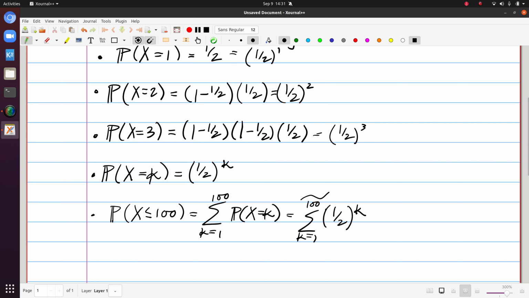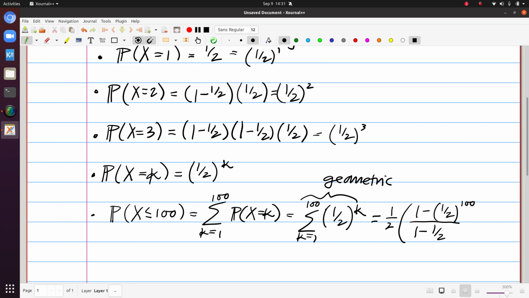And importantly, notice that this is geometric. So we can take advantage of the sum formulas that we've developed. The first term of this is 1/2 to the first power. And we have here that we're dividing by 1 minus our r value. r is 1/2. And in the numerator, we have 1 minus r raised to the number of terms.